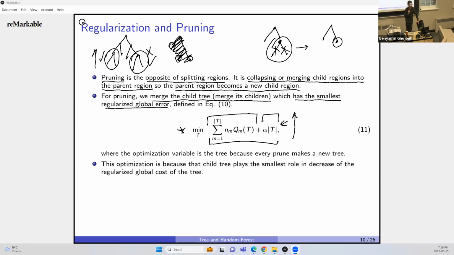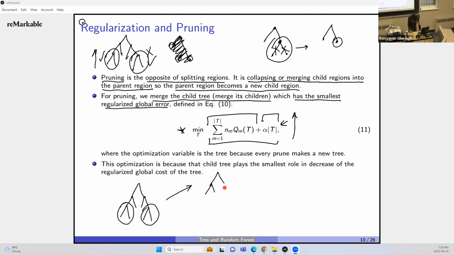Again, let me repeat. But if we remove the one which had the larger value, wouldn't the global leveling be worse? I'll tell you why. I have two options for pruning.